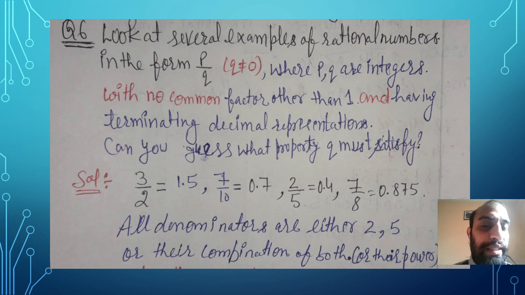In all such cases where your denominator is 2, 5 or a multiple of 2 and 5, like 10, as well as in the powers 2 raised to power 2, 2 raised to power 3 like that, or 5 raised to power 2, in such cases you will always get a terminating rational number. Hope this question is clear to you, how you can find out terminating.